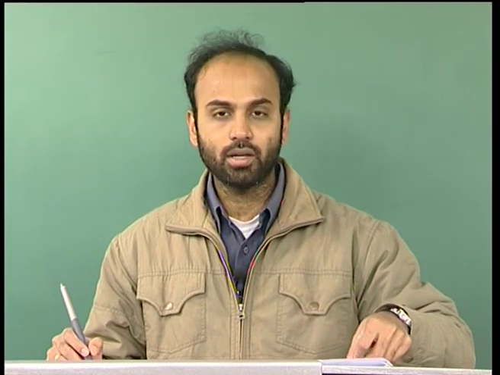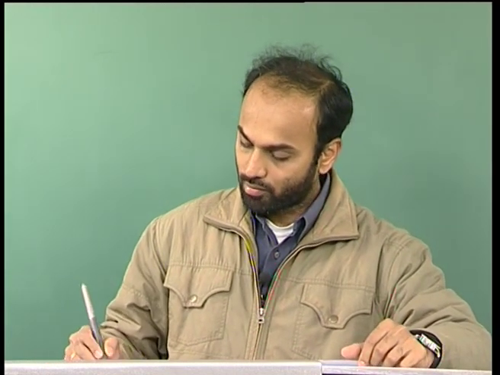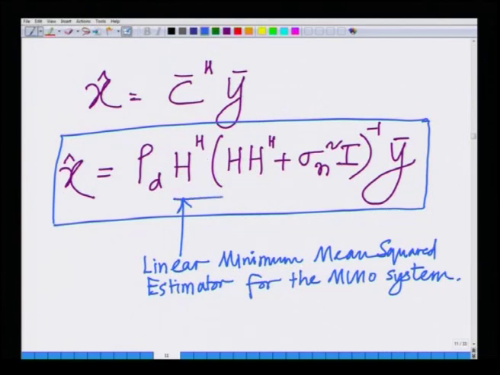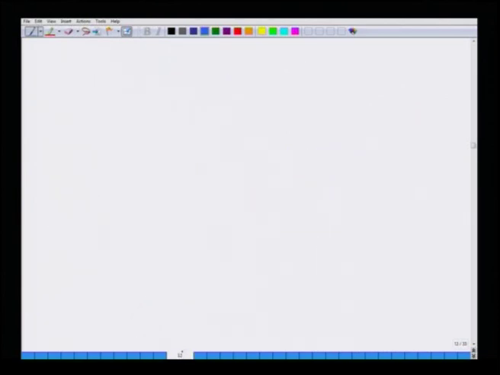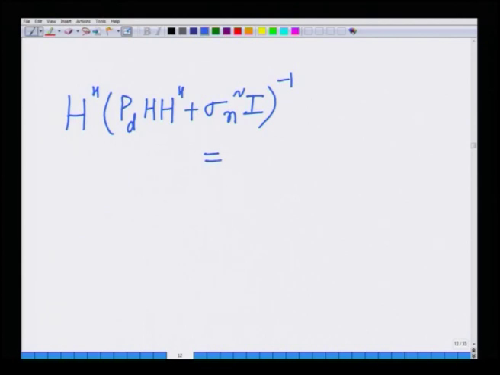I simply want to show that h Hermitian times P d h h Hermitian plus sigma n squared I inverse equals P d h Hermitian h plus sigma n squared I inverse into h Hermitian.